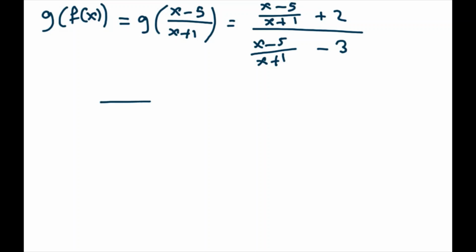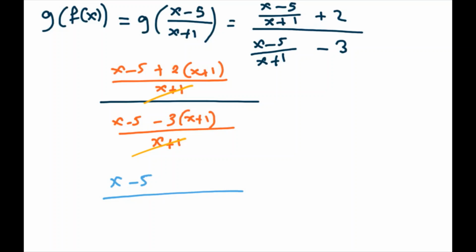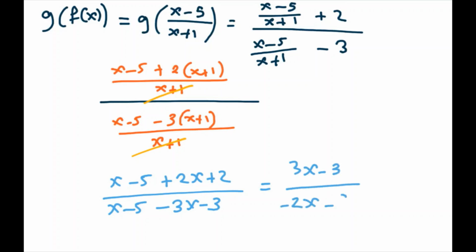Now simplifying, it will be x minus 5 plus 2 times x plus 1 over x plus 1, over x minus 5 minus 3 times x plus 1 over x plus 1. Crossing out these two, that's going to make this x minus 5 plus 2x plus 2 over x minus 5 minus 3x minus 3, which is going to be equal to 3x minus 3 over negative 2x minus 8.